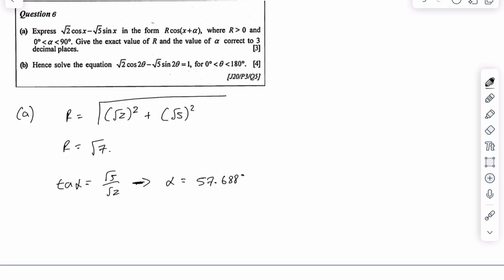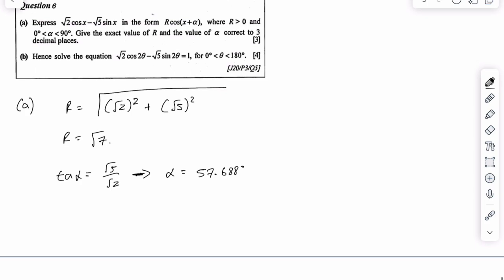So that's pretty easy, right? In this form, it's going to equal root 7 cos of x plus 57.688 degrees. And that's going to be the final answer for A.